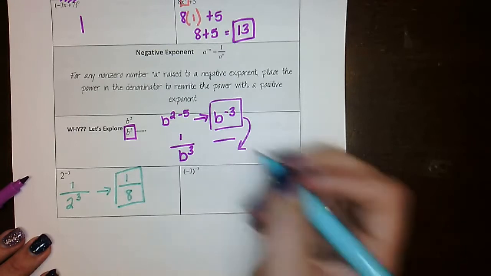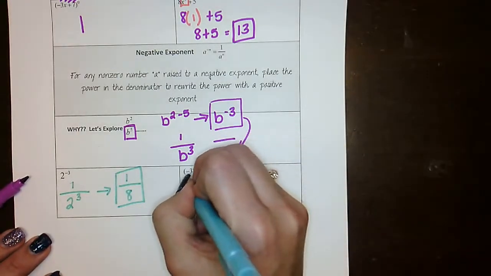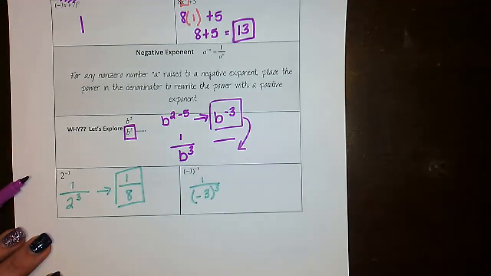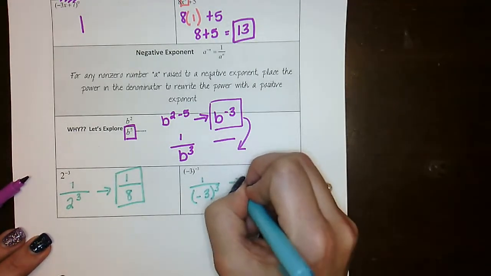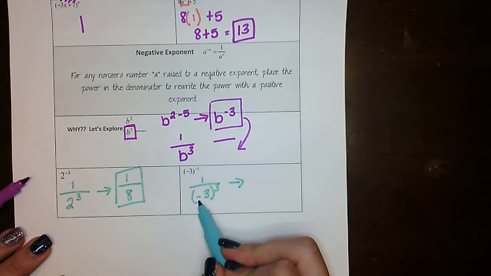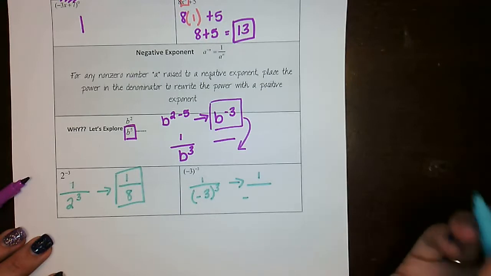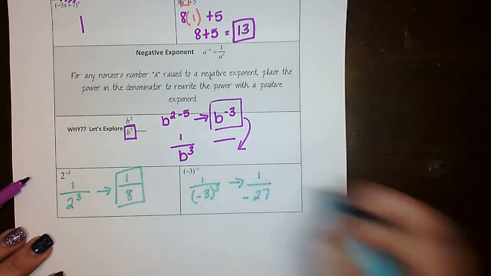Same thing with this one. It's going to both. So this will be negative 3 to the positive third power. If I multiply a negative by itself 3 times, it's still going to be negative. So my answer is still going to be negative, and 3 to the third power is 27.